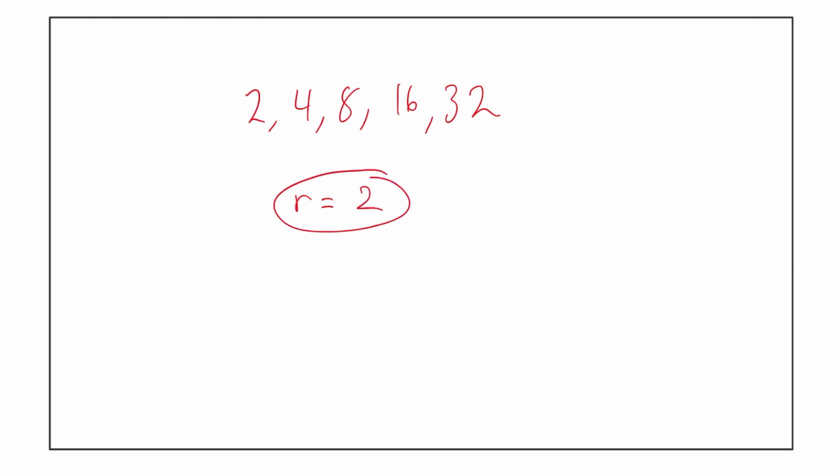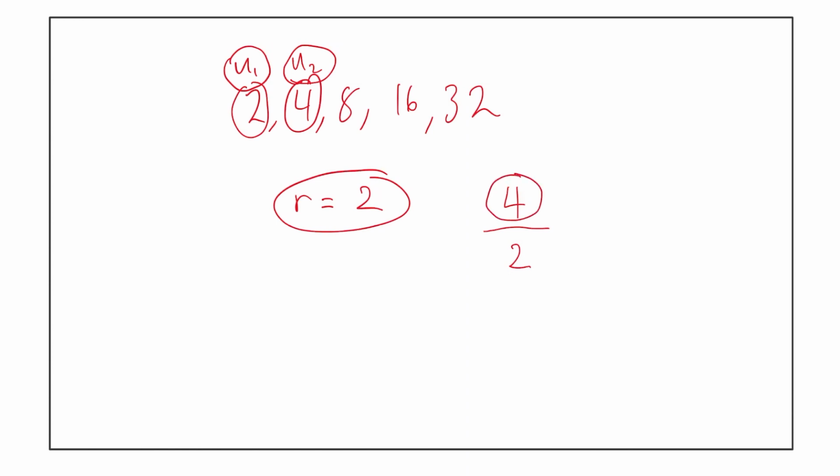Why is it called a common ratio? Well, from the name common, it's a ratio common to all terms. Let's take the second term, u2, and the first term, u1, which is 2, and the second term is 4. A ratio is represented like a fraction. What's the ratio of 4 to 2? That's equal to 2. So the ratio of the second term to the first term is 2.